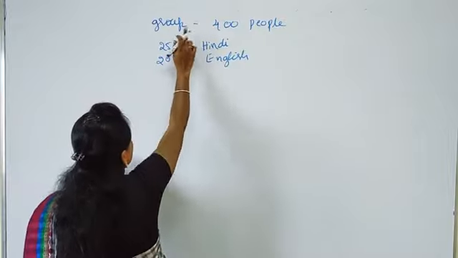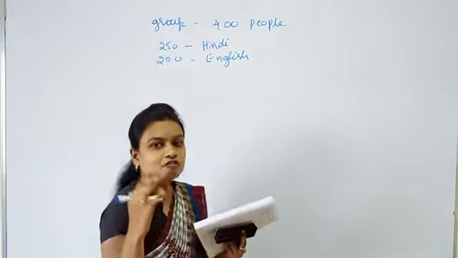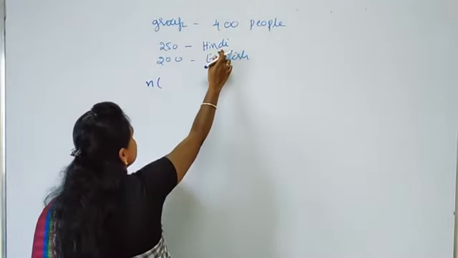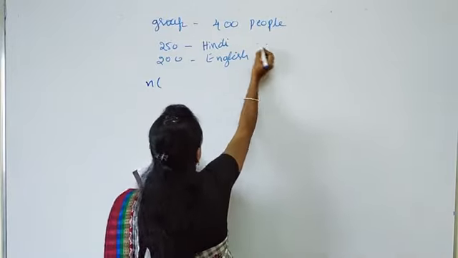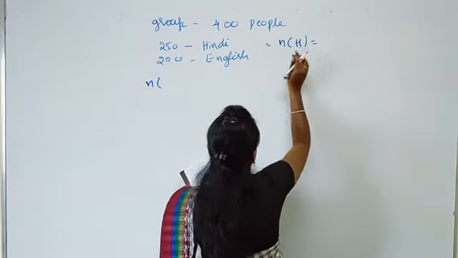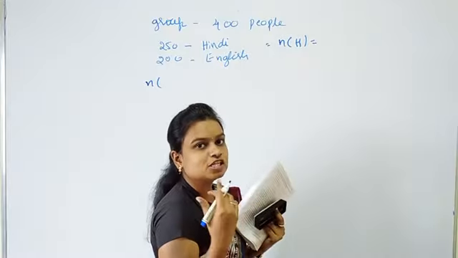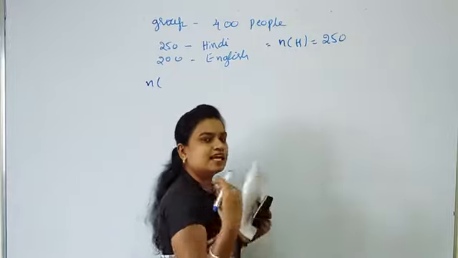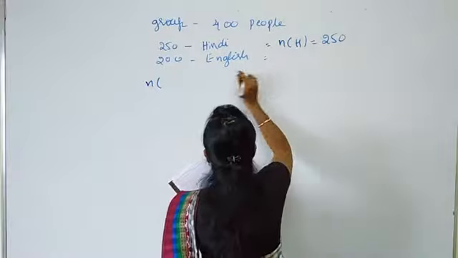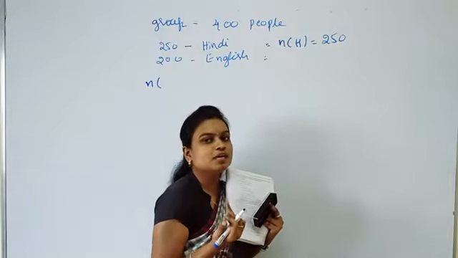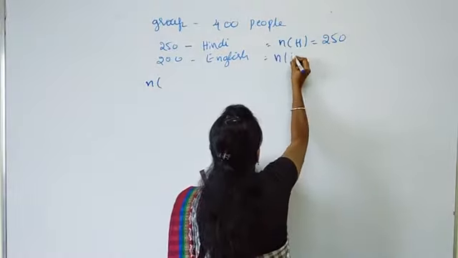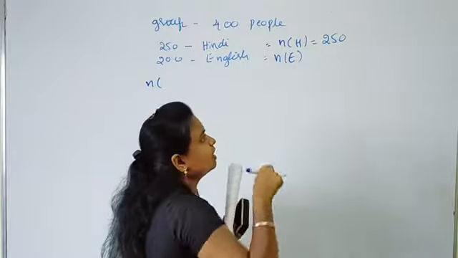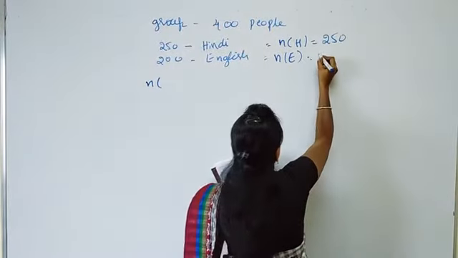Group of 400 people means totally we have 400 people. I consider the people who speak Hindi as H: number of people who can speak Hindi, n of H, is 250. And the people who can speak English, I take as E: n of E is equal to 200.